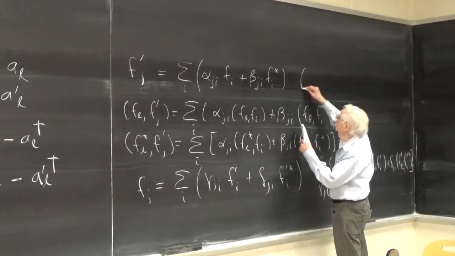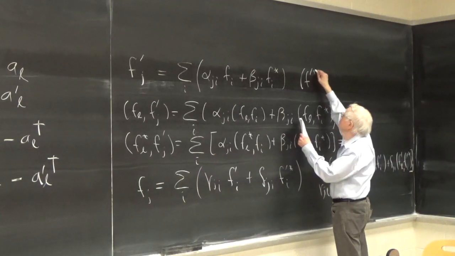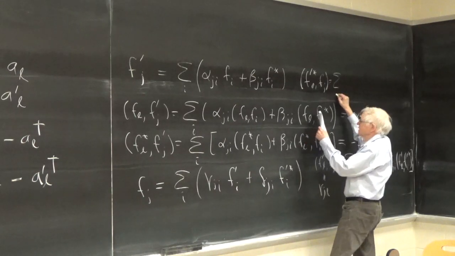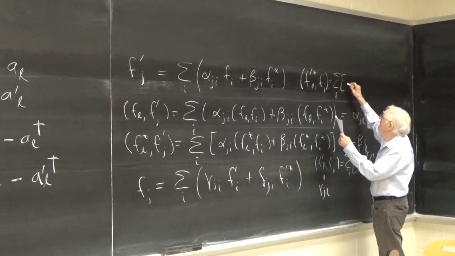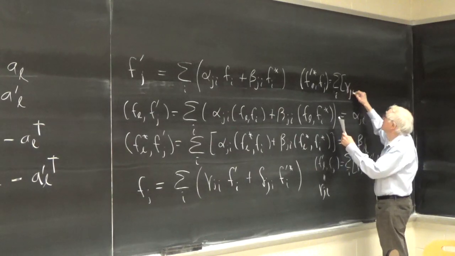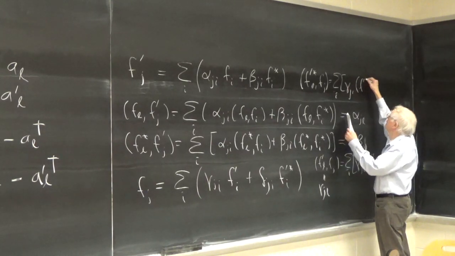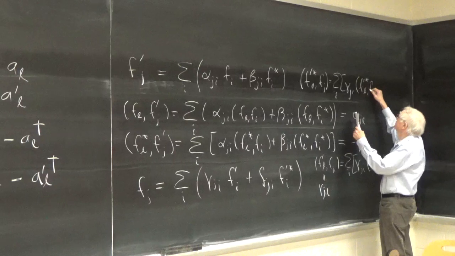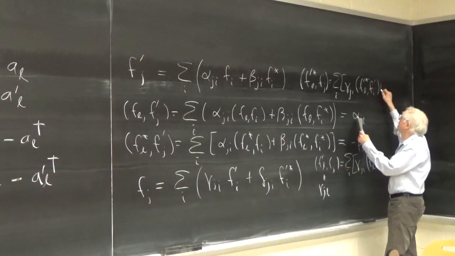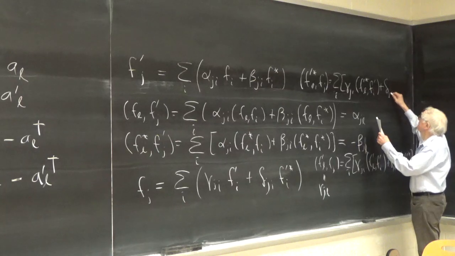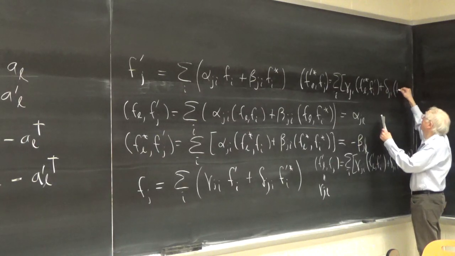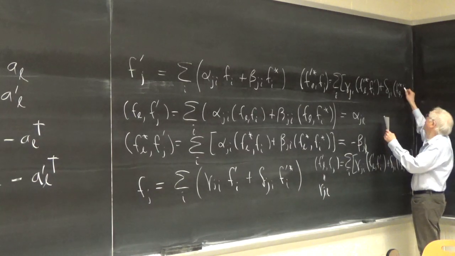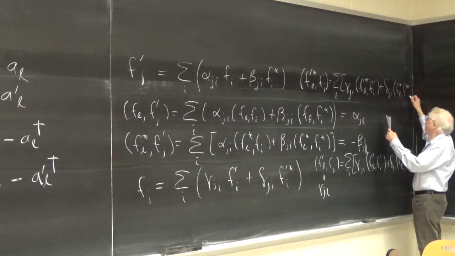Similarly, (F prime star L, Fj) will be a sum on i, gamma_ji (F prime star L, F prime i) plus delta_ji (F prime star L, F prime star i).